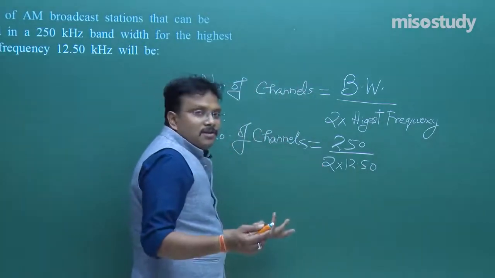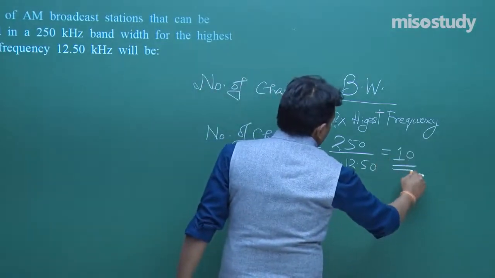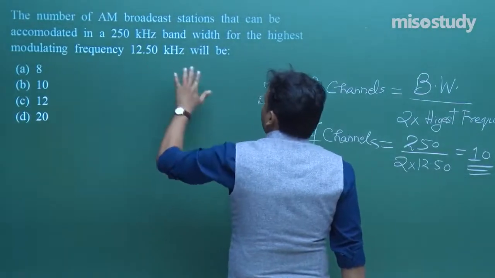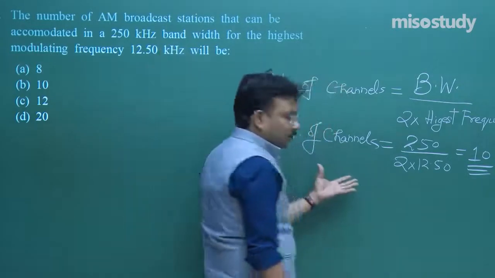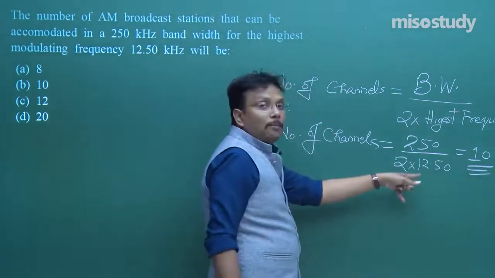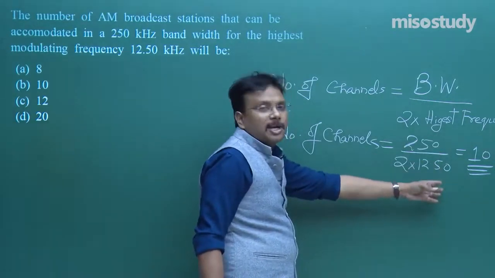So, the answer is itself clear, that is 10 stations. Fine. 10, that is B, is the correct option. 10 stations can be accommodated in this particular bandwidth. Fine. The highest frequency is 12.50 kilohertz, and since it is in kilohertz, I did not mention anything, I simply solved it.